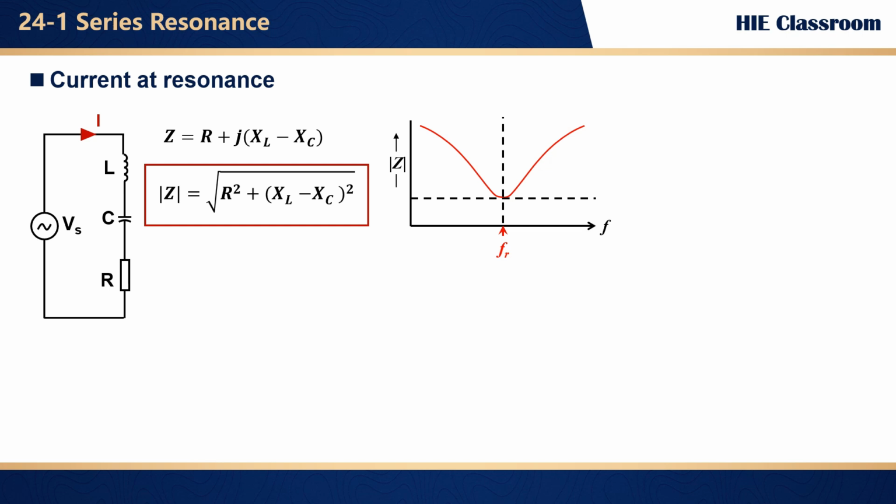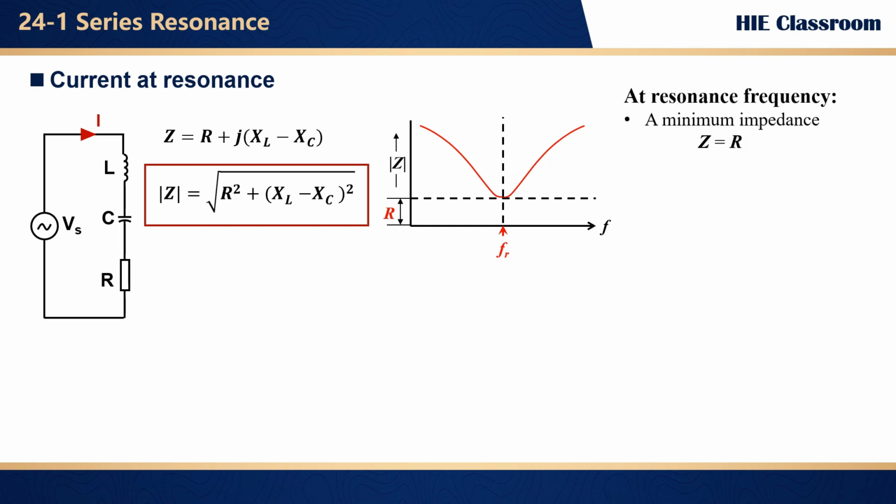What we see here is that impedance is high on both sides of resonance, but right at resonance frequency, it reaches its lowest point, only the resistance of the resistor. Because the two reactances cancel out to zero, the series LCR circuit has its minimum impedance right at resonance.